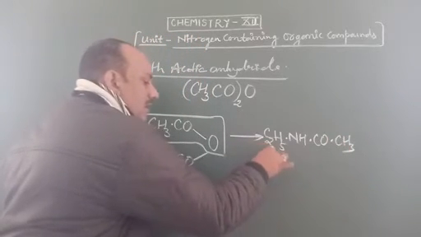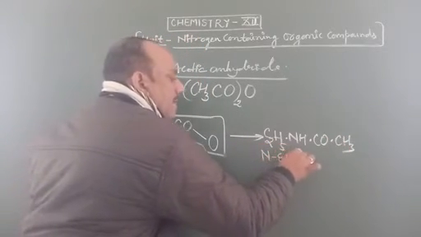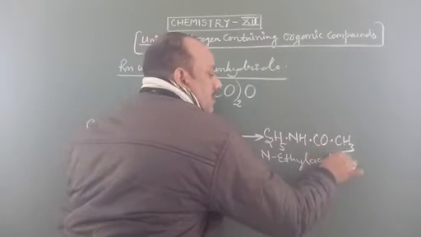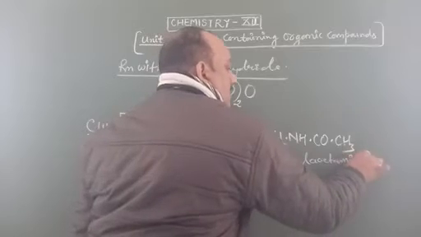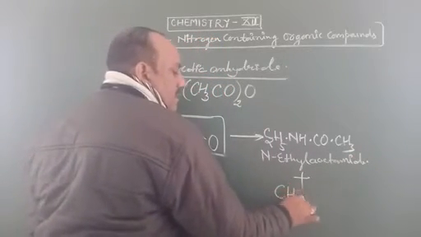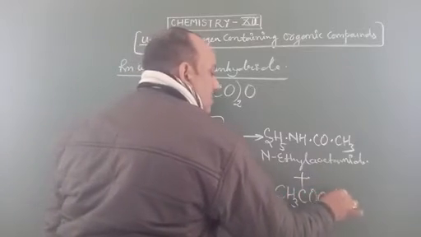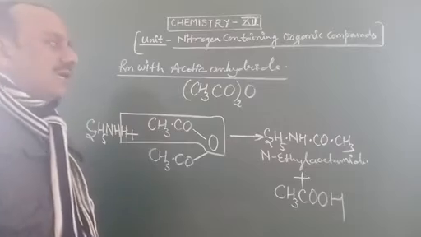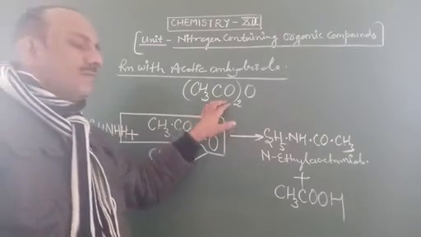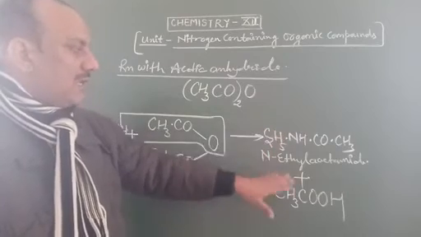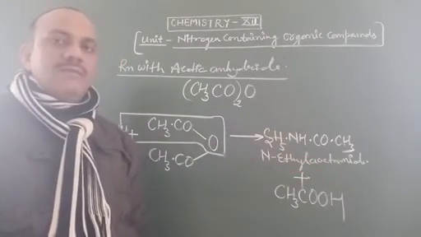It is called N-ethyl acetamide, plus subtraction of CH3COOH. So both reactions, acetic anhydride and acetyl chloride, make the same product, N-ethyl acetamide.